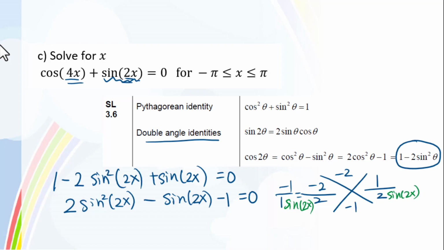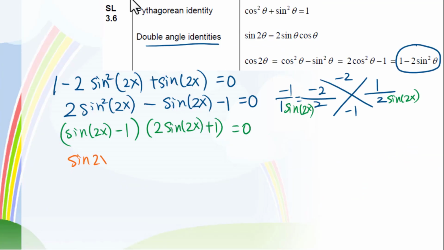Bottom up: sine 2x minus 1 times 2 sine 2x plus 1 equals 0. Sine 2x minus 1 equals 0, or 2 sine 2x plus 1 equals 0.